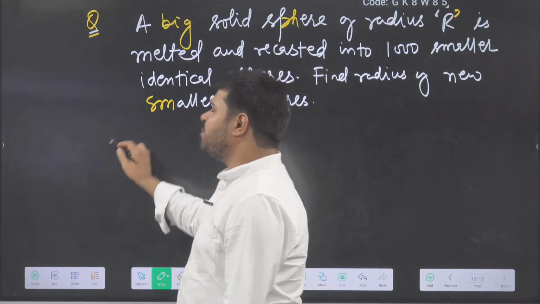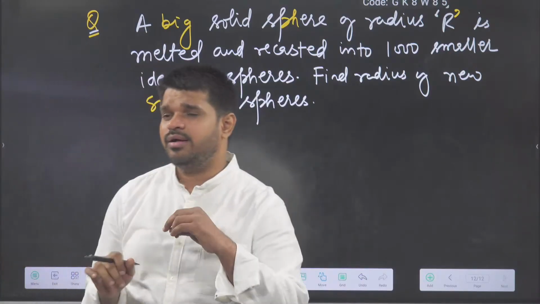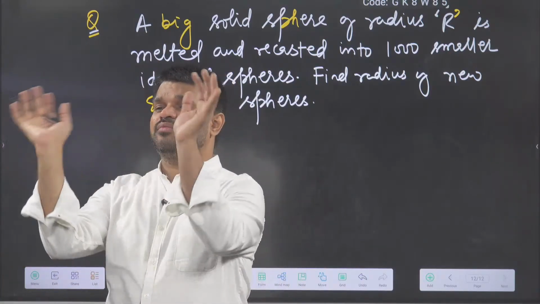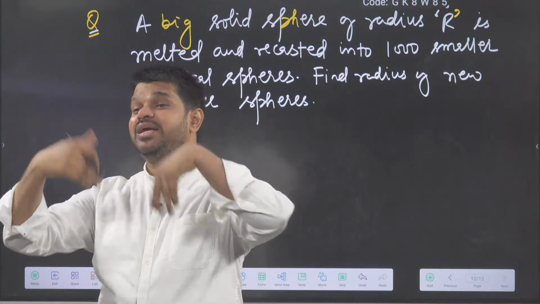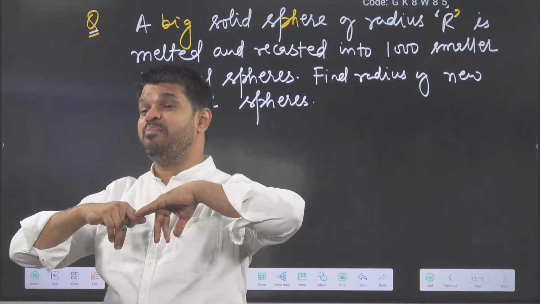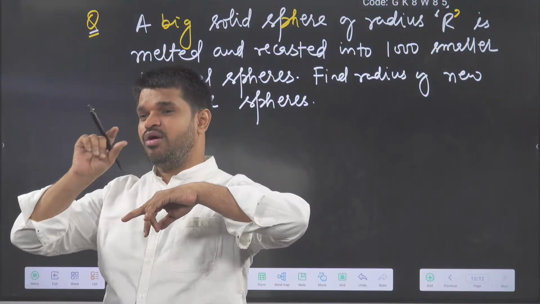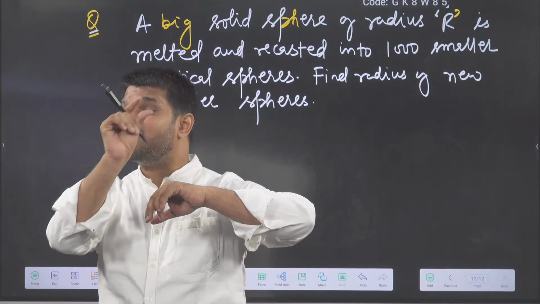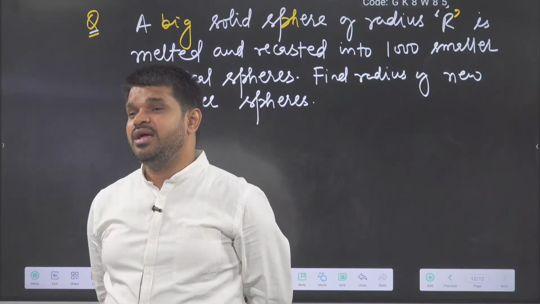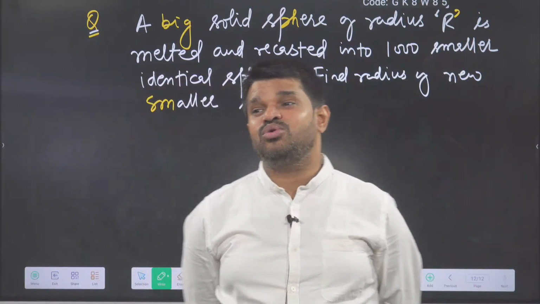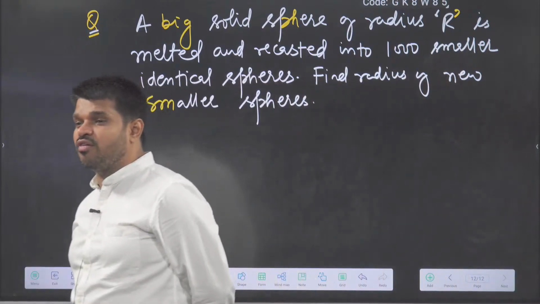So the question I am explaining, Ajay Verma, it is wrong. There is a big sphere, made up of metal. I am melting it. After melting we make small spheres. How many? 1,000. So what will be the radius of all of them?